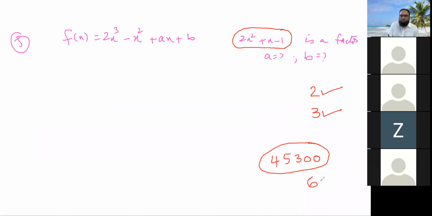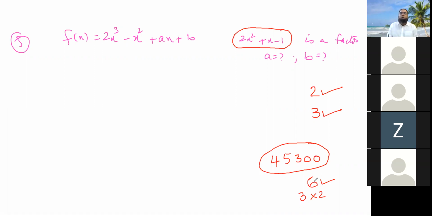But he's asking you if a given number is divisible by 6. So you have to act smartly here. You can break it up into 3 times 2. So if this number is divisible by both 3 and 2, that would mean that yes, this can have 6 as a factor. What do you say?